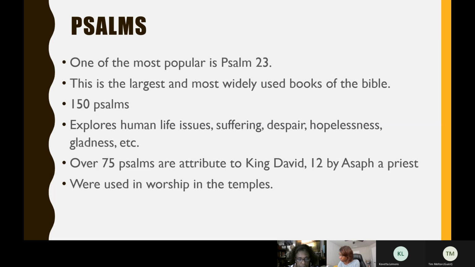Asaph was a musician. Let me see if I can find one. How about Psalm 100? Let's see, I don't have one on there. Now this one could be David. So you have David could be one, Asaph is one, Solomon could have written some Psalms as well.